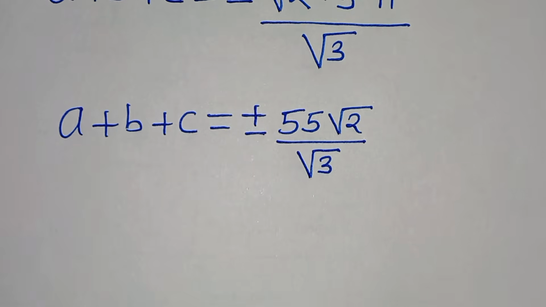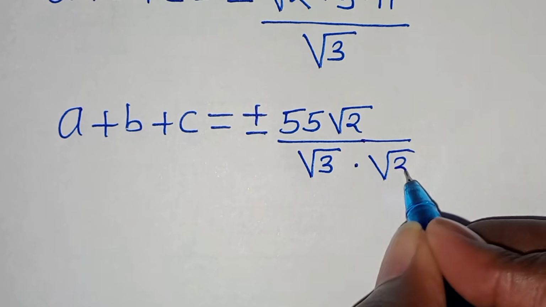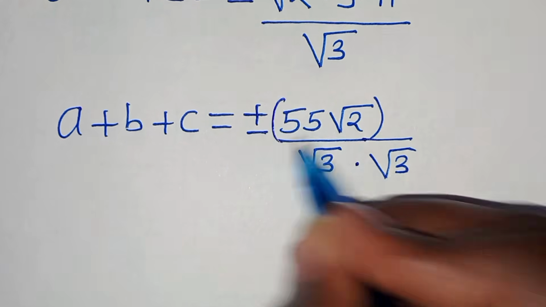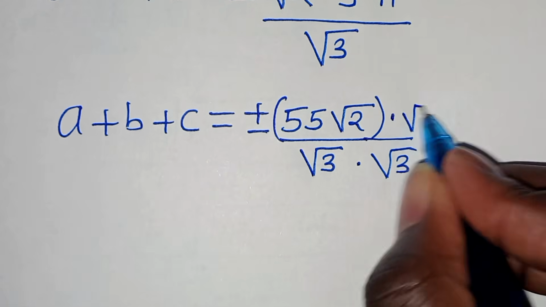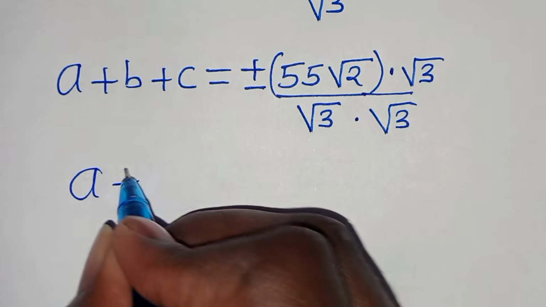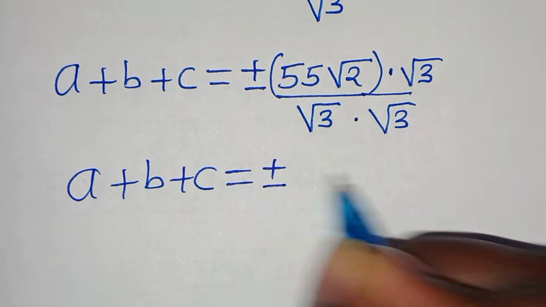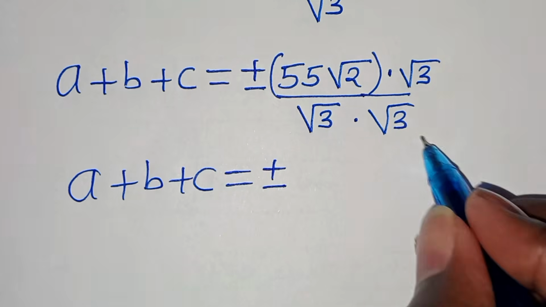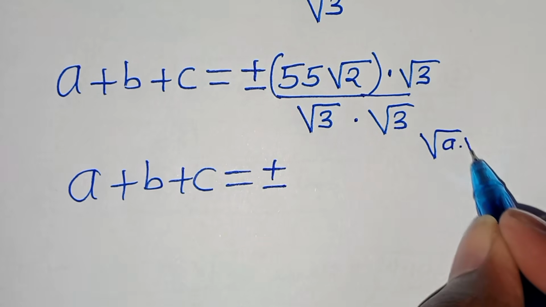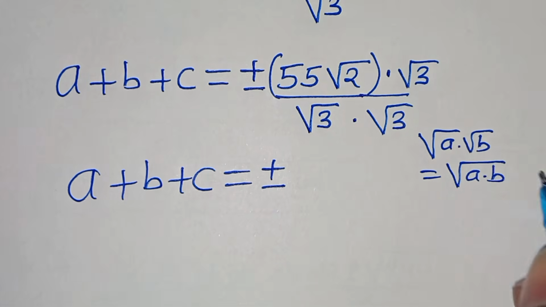Now the next step is we can rationalize the denominator here. Let's multiply by square root of 3, and also the numerator here, let's multiply by square root of 3. So we have a plus b plus c equal to plus or minus. Now we have square root of a times square root of b, this is the same thing as square root of a times b.